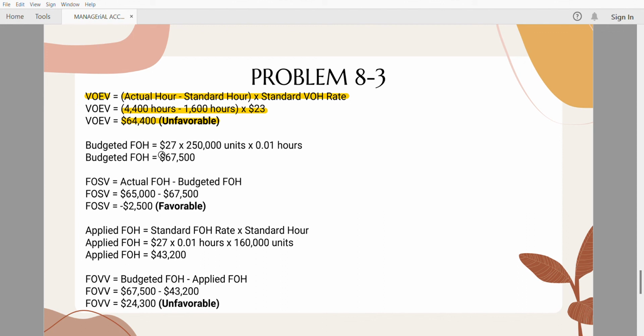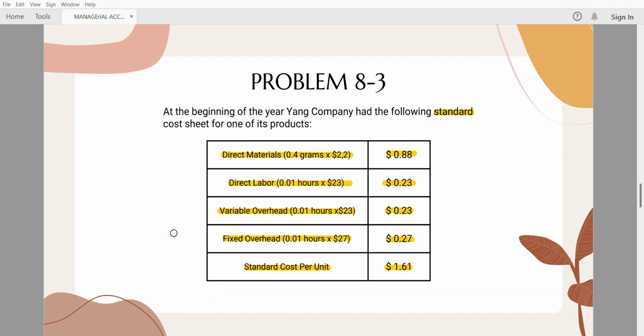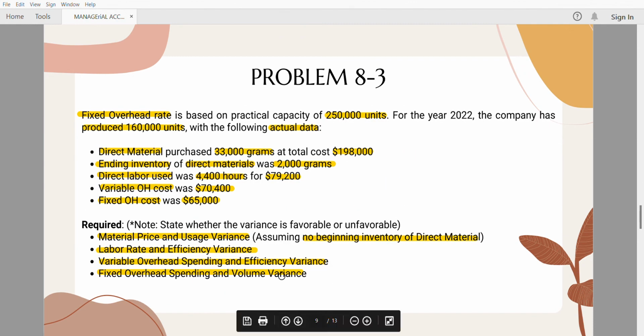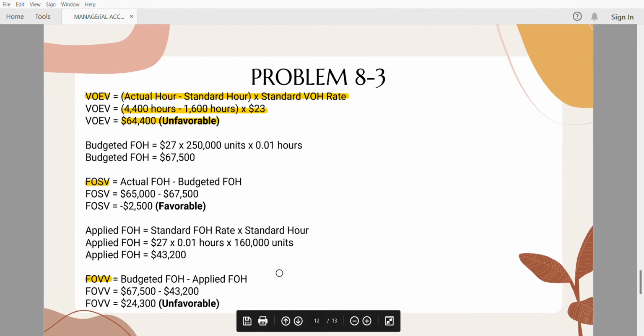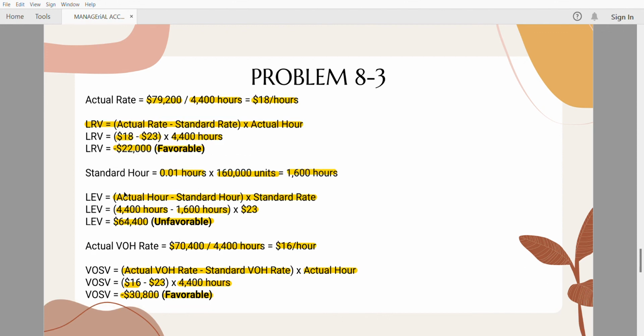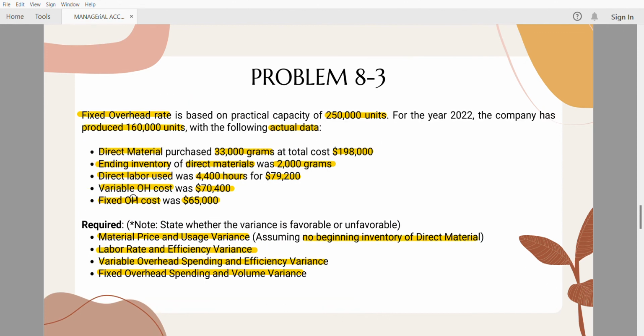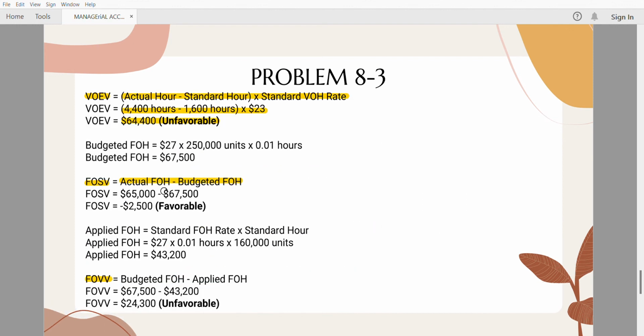Okay. The next one is FOSV and also FOVV. FOSV is the fixed overhead spending variance, and FOVV is the volume variance. The formula of FOSV is actual FOH minus budgeted FOH. The actual fixed overhead is stated as 65,000, so we have it here, 65,000.